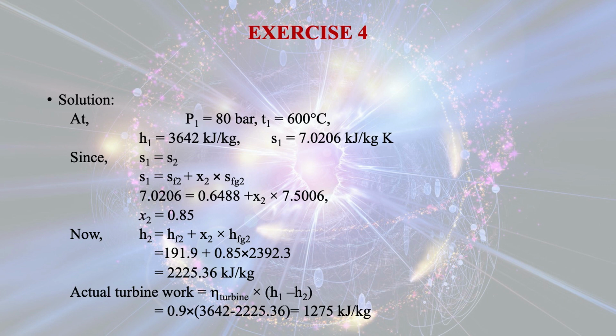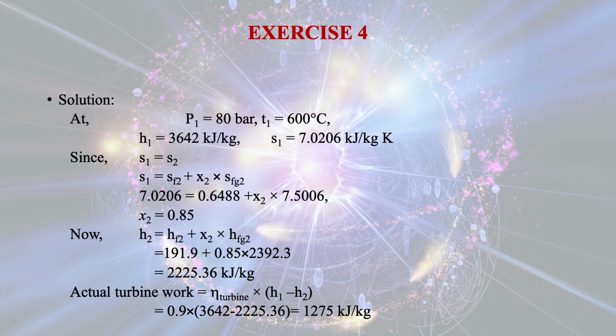H1 for this case is equal to 3642 kilojoule per kg, and S1, that is the entropy at state 1, is equal to 7.0206 kilojoule per kg K. Since it is an isentropic process, S1 is equal to S2, but S2 is equal to SF2 plus X2 multiplied by SFG2, so you can calculate the dryness fraction or quality of steam. For this problem, it comes out to be X2 is equal to 0.85.